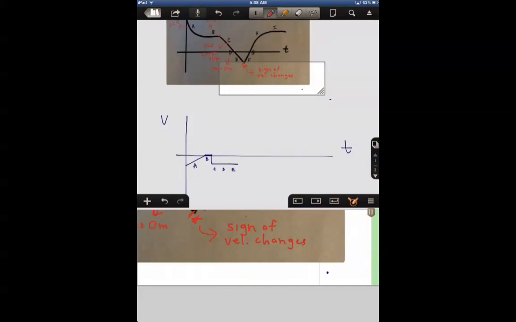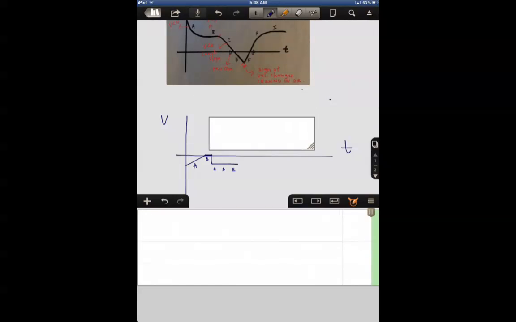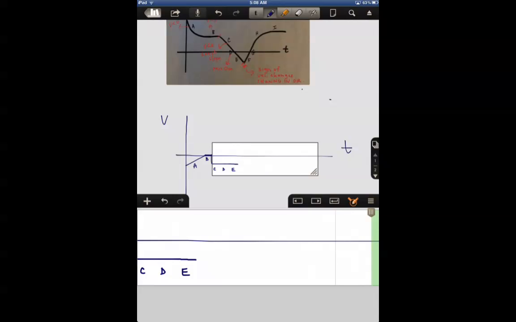And what that means is this is a change in direction. And so we're going from positive velocity to negative velocity.